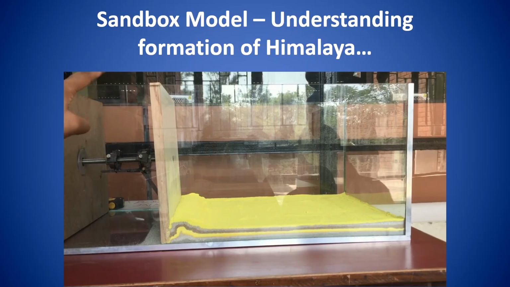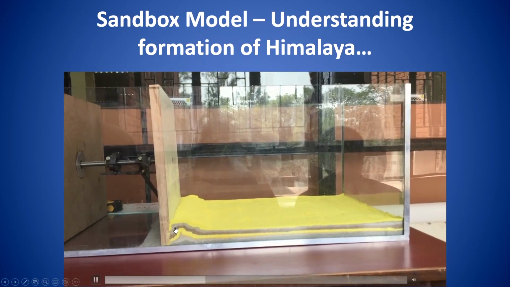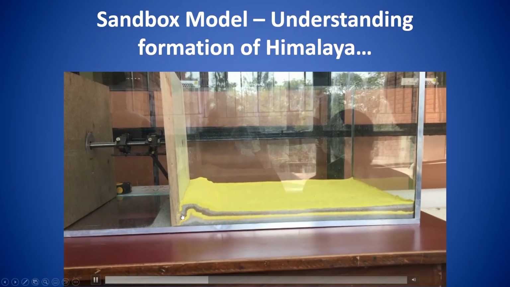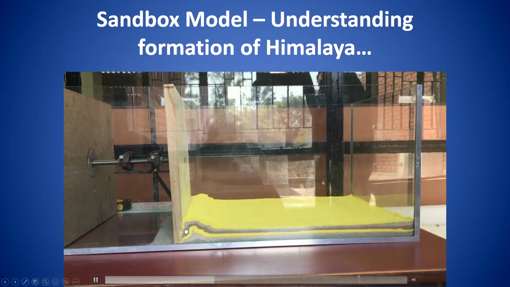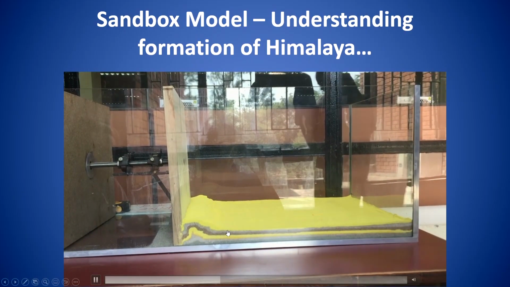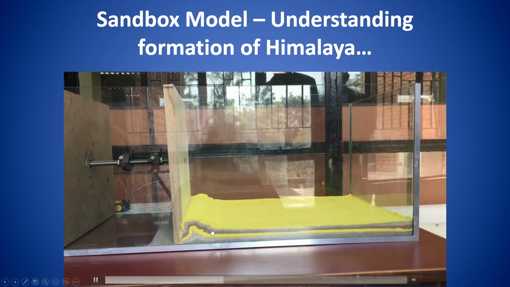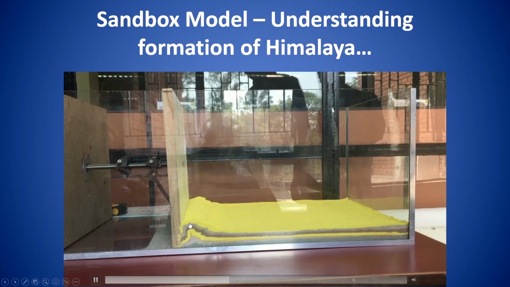Okay. And slowly this portion is getting almost vertical, and that is what we call the suture zone, the Indo-Tsangpo suture zone. Okay. And then on the frontal part, this is the Indo-Gangetic plain side, we started seeing some sort of deformation.